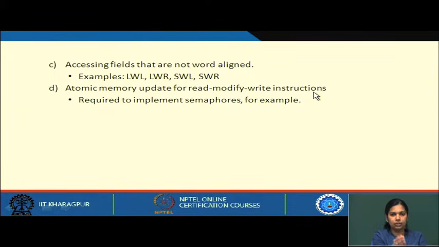Just think of an instruction which requires to be completed fully: we read it, we modify it and we write it back, all in one go. We cannot have a case where we read it and do not update it. If we read it, we have to update it and then store it back. So those are atomic operations.